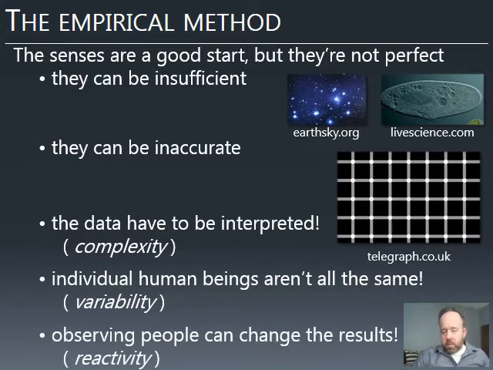Also, and this is particular to psychology, observing people can change the results, can change what your data say, if the people are aware that you're observing them. This is what's called reactivity. And we'll talk about a specific kind of reactivity in a minute. But people behave differently when they know they're being watched, when they're being observed. So just being present as an observer can change the data.